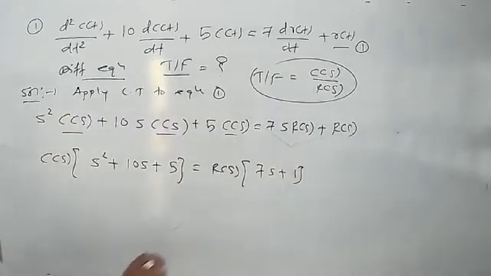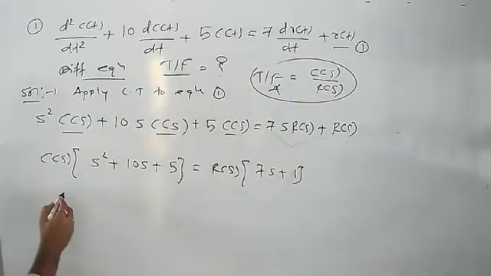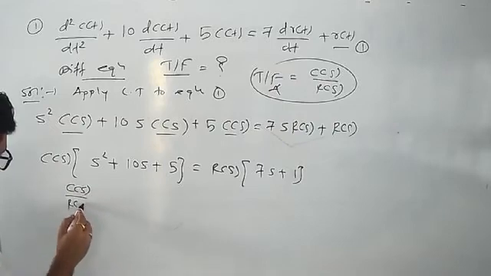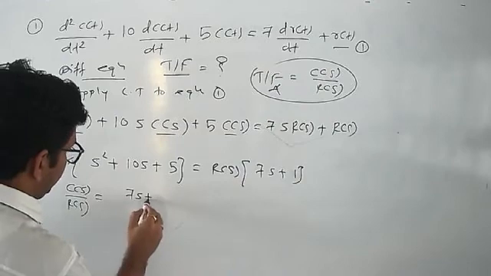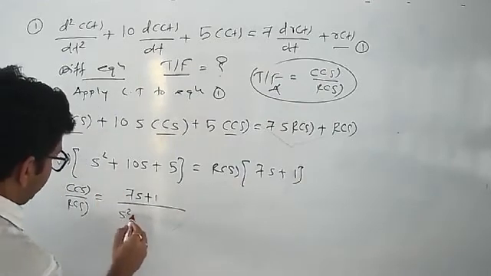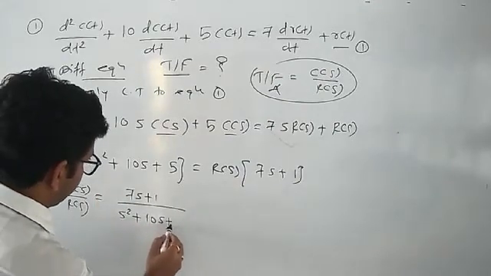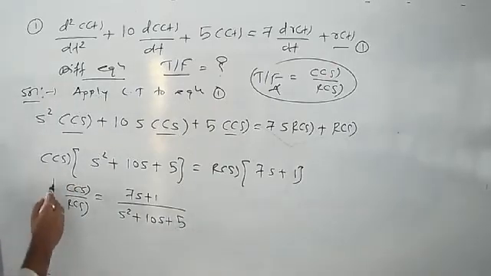Now if you rearrange the terms in this fashion, we can write C of s by R of s is nothing but 7s plus 1 whole divided by s square plus 10s plus 5.